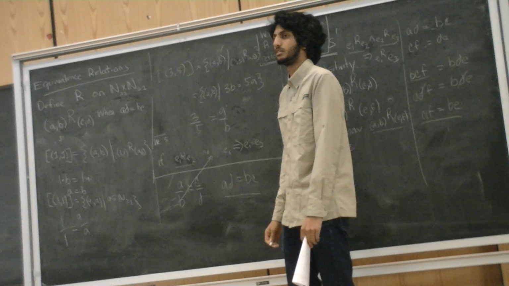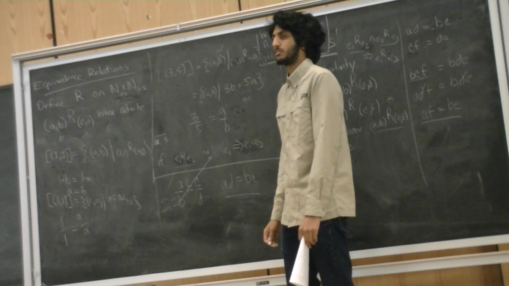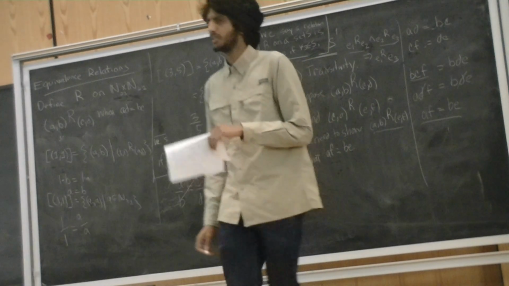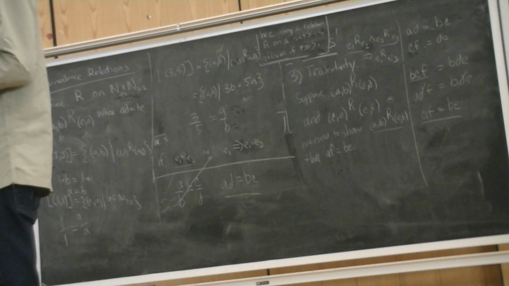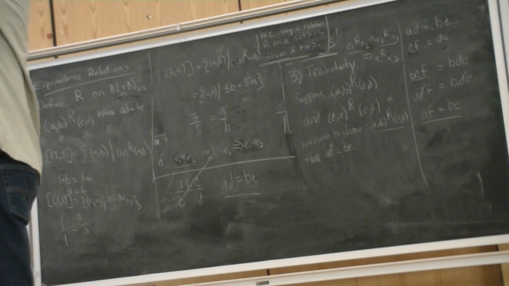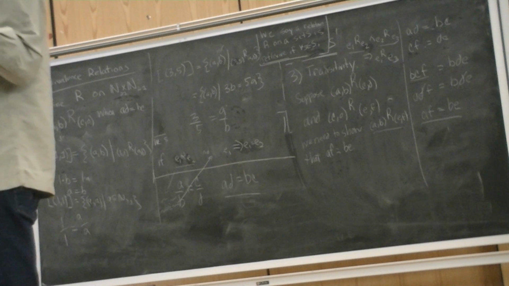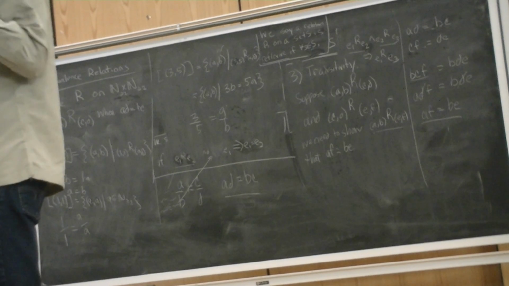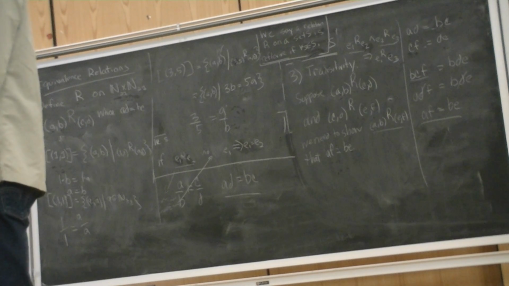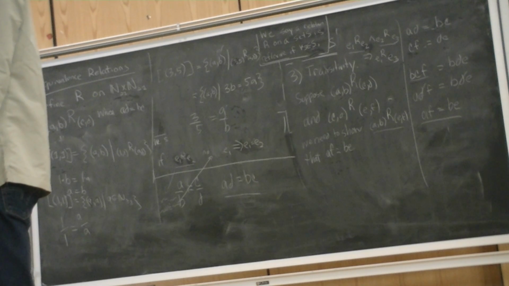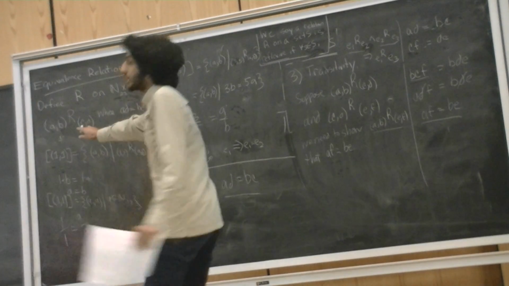Does the equivalence class have anything to do with being symmetric and transitive, like with any of those properties? Yes. So you can only define equivalence classes on equivalence relations. And so to be an equivalence relation, you need to have those properties. So is R anti-symmetric?